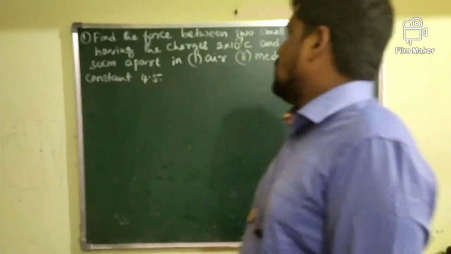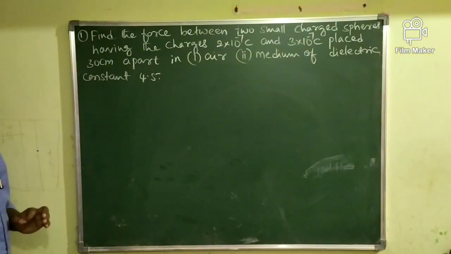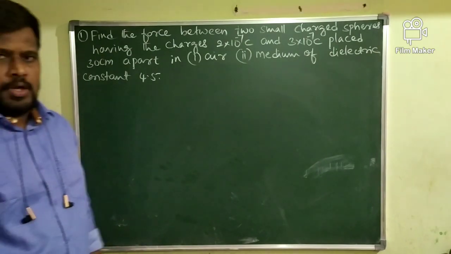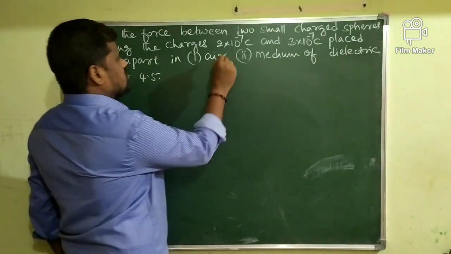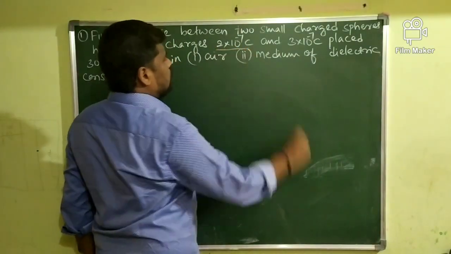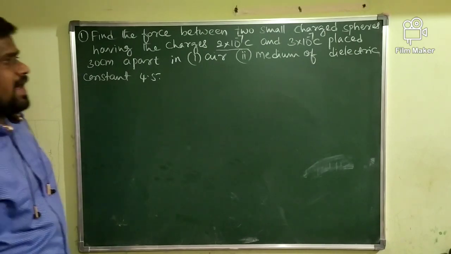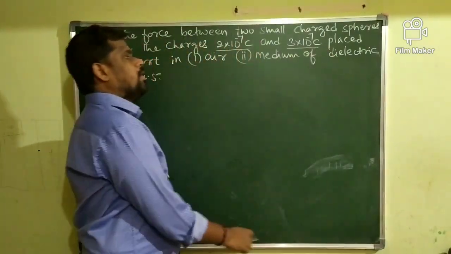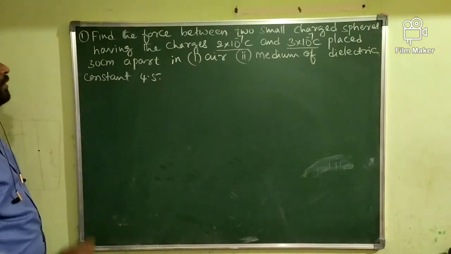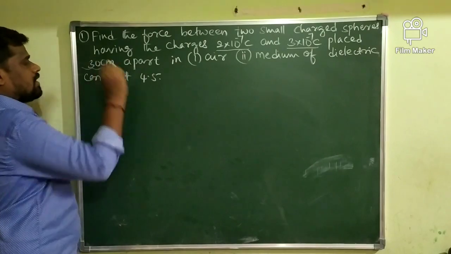Okay, look at the problem here. What they are asking, find the force between two small charged spheres. We have two spheres. One of the spheres has a charge of 2 into 10 power minus 7 coulomb and a second sphere has a charge of 3 into 10 power minus 7 coulomb placed 30 centimeter apart.